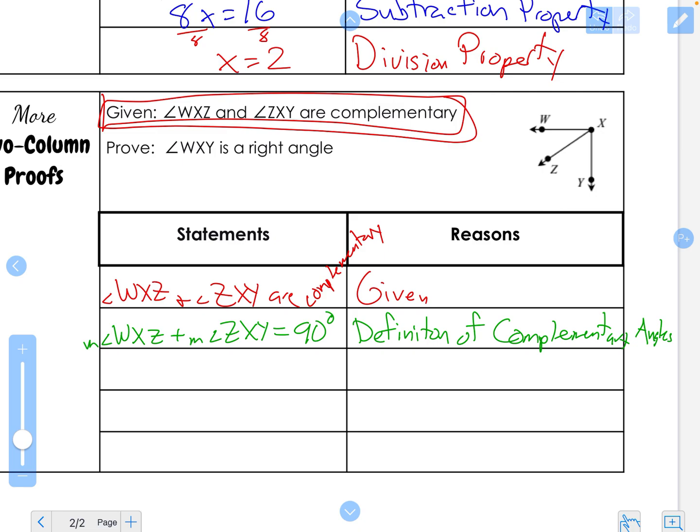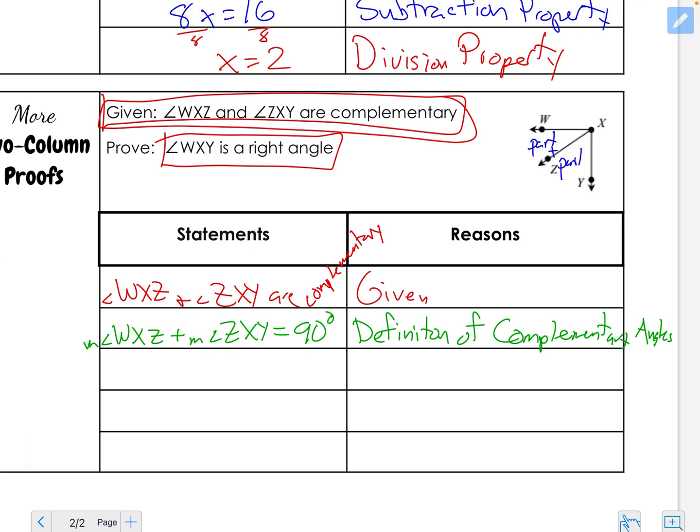What I'm trying to prove is that the whole angle is a right angle. So I know that part plus part equals the whole angle. And so my postulate for that is going to be my angle addition postulate.